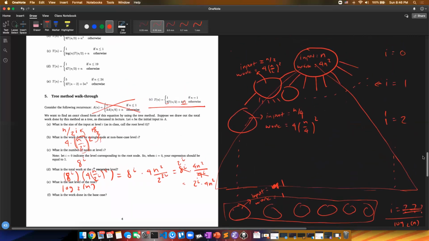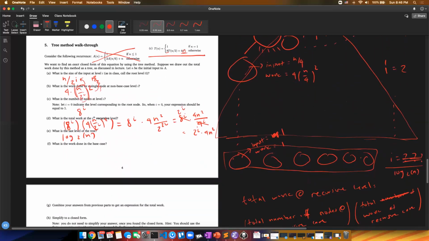And so we know that each node does one amount of work, given by this recurrence, right? At each node, it does one work. And how many nodes do we have at base case? Well, we know that the number of nodes is given by a to the I, right, from C. And we know this I, right?